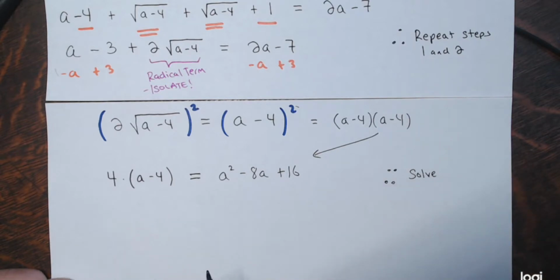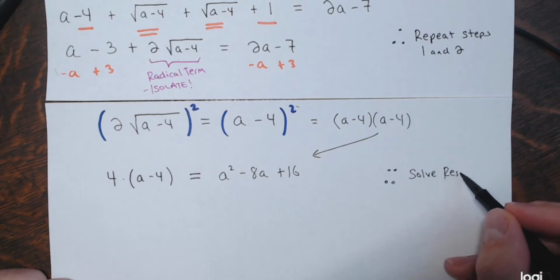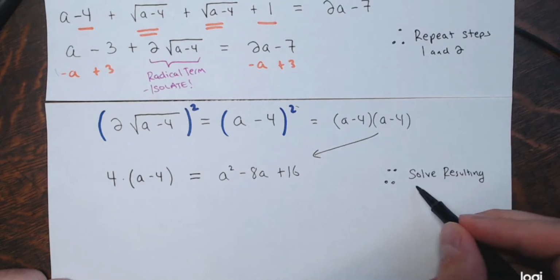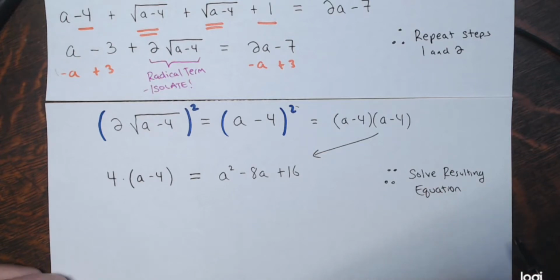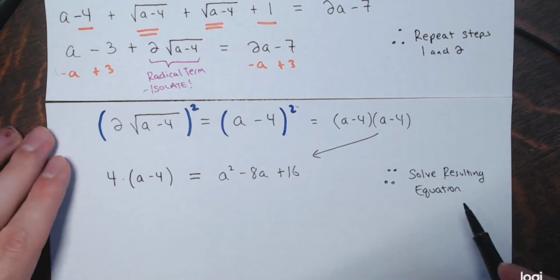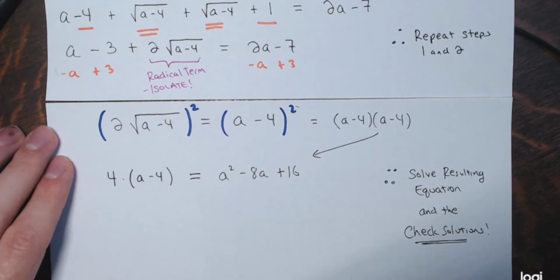You should have gotten rid of both radicals. You solve the resulting equation. And then, of course, as always with equations, you check your solutions. Now, always check solutions in the original equation.